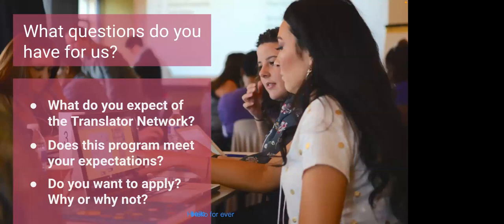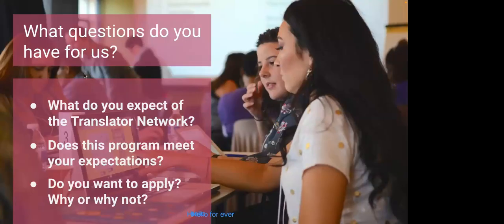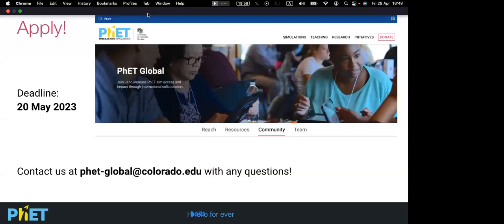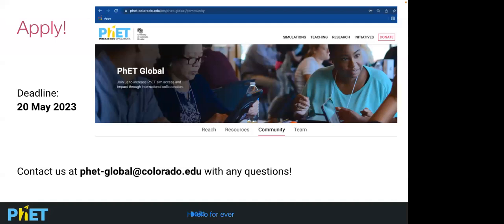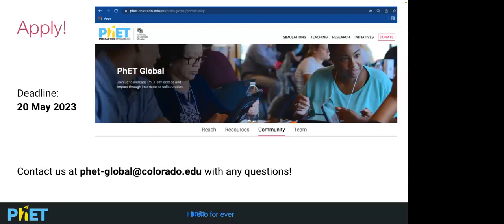Oh, okay, great. I've used PhET before for my class, but mostly in undergraduate physics, and I think they are quite helpful. I'm putting my hand up for Shona, which is a Zimbabwean language.